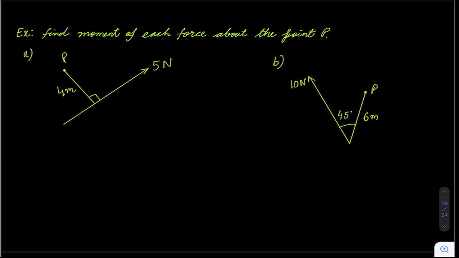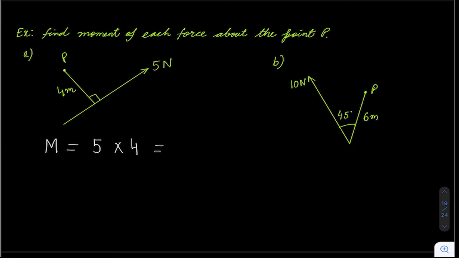Okay, so let's try to find some moment of forces. In the first part, we have a force of 5 newtons. As you can see in the diagram, there is a point P. We have to find the moment of this 5 newton force about the point P. Our answer will be: moment is equal to the magnitude of the force, 5, times the perpendicular distance. What's the perpendicular distance? It is 4, right?